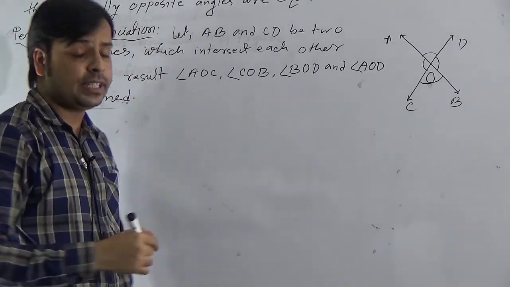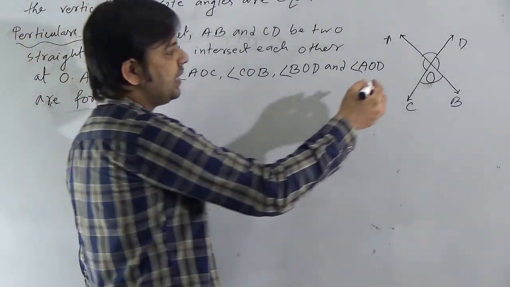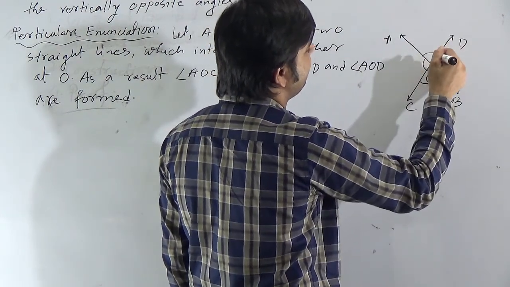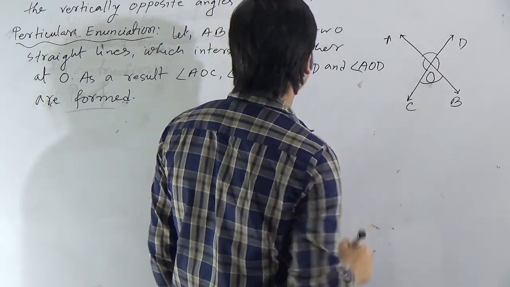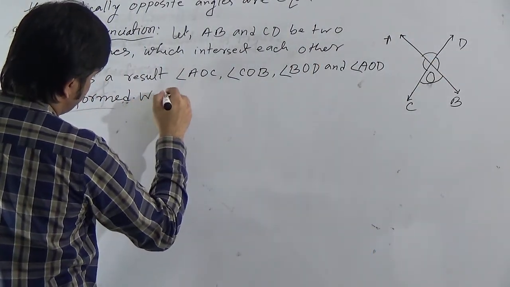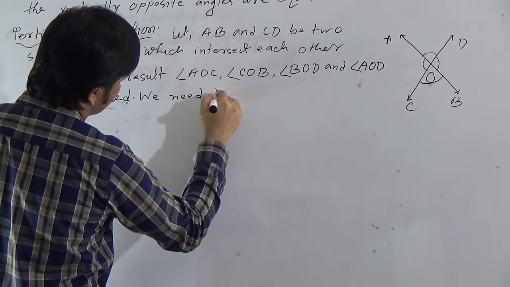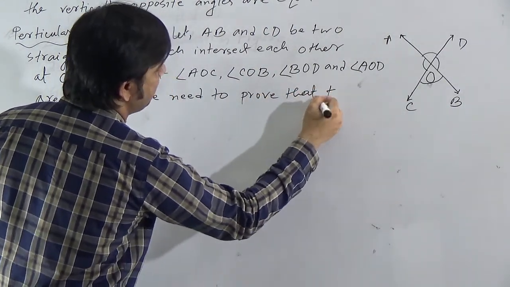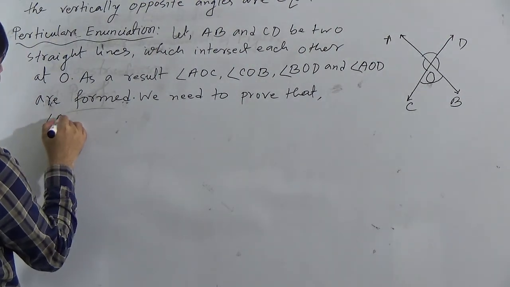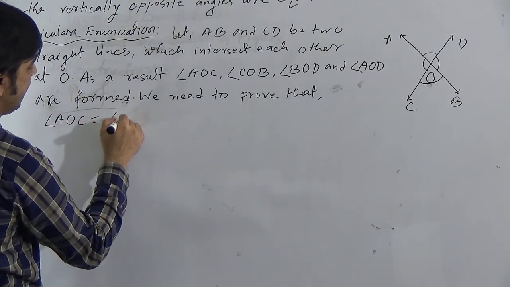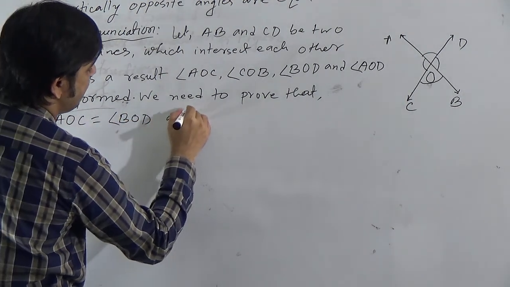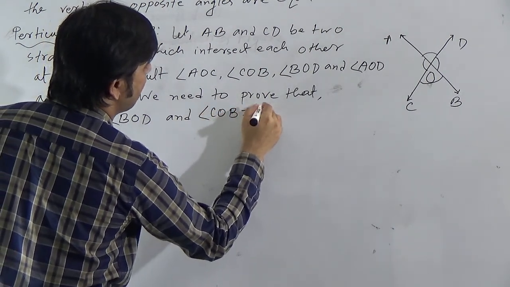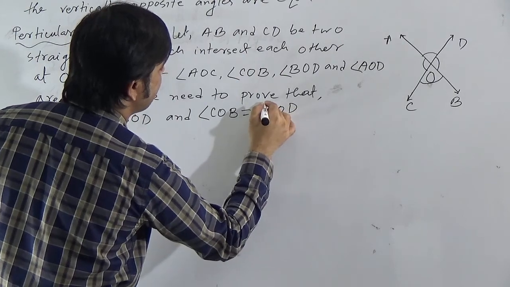Now we need to prove that the vertically opposite angles are equal. In this figure, angle AOC is the vertically opposite angle of BOD and angle AOD is the vertically opposite angle of COB. So we need to prove that angle AOC is equal to angle BOD and angle COB is equal to angle AOD.